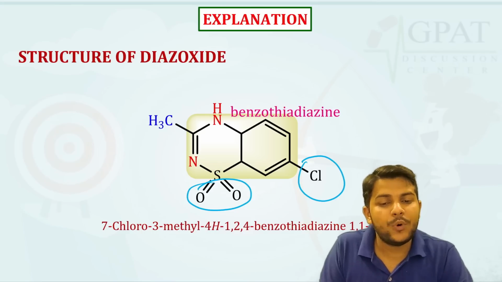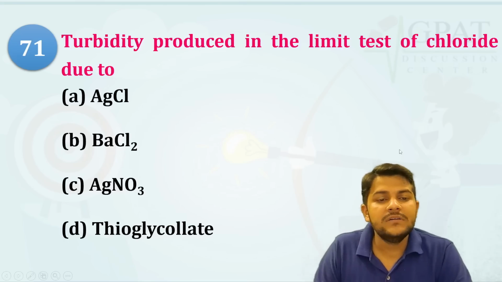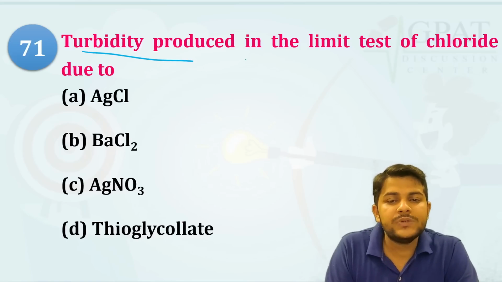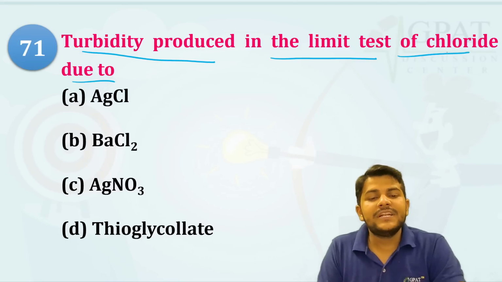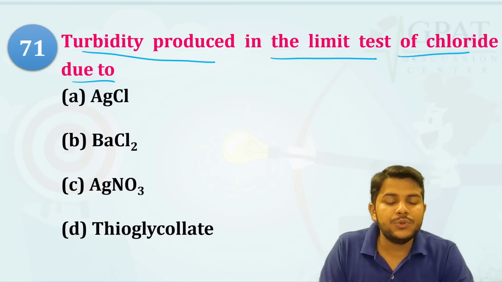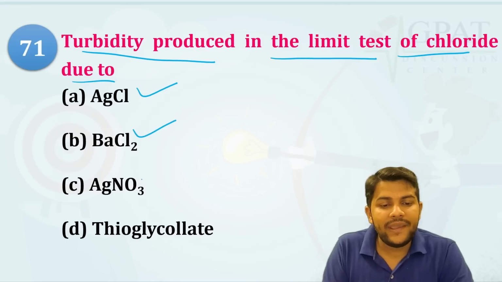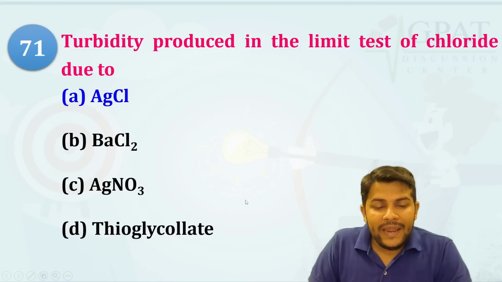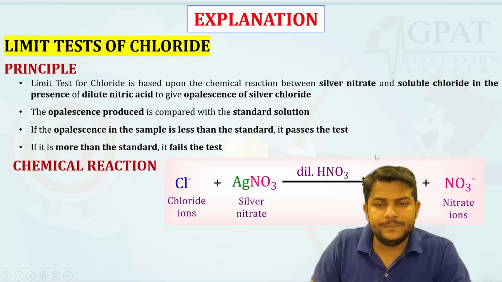If a test sample is more turbid than the standard sample, then it is going to fail the limit test. If the test has less turbidity and the standard has more turbidity, then it is going to pass the limit test. Got it? So the chemical representation shows the chloride ion reacting with AgNO3 in the presence of dilute nitric acid. There is a formation of AgCl precipitate, or we can say opalescence, cloudiness, turbidity produced by silver chloride. So next you have to find out the given structure.